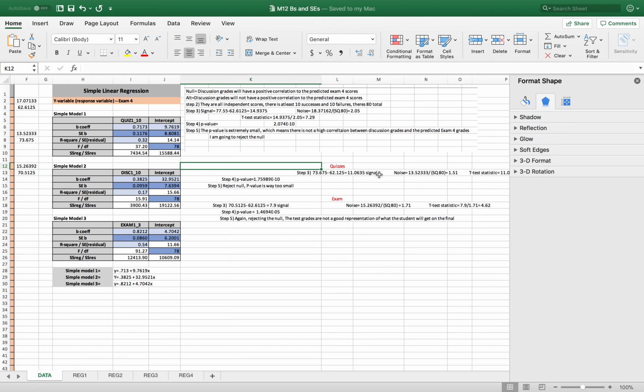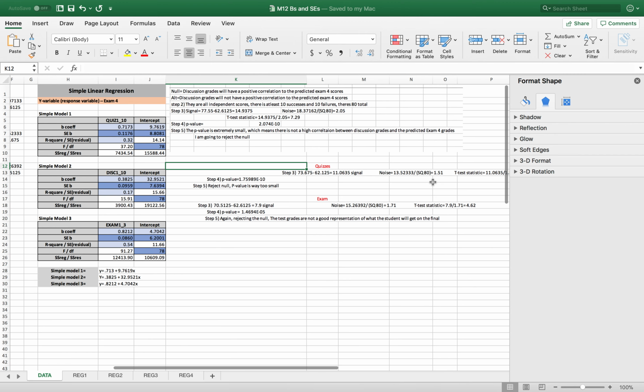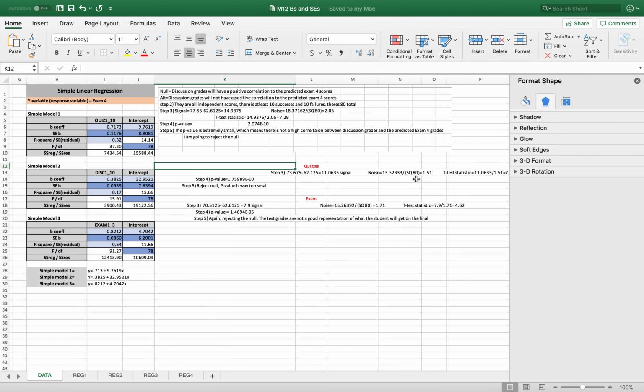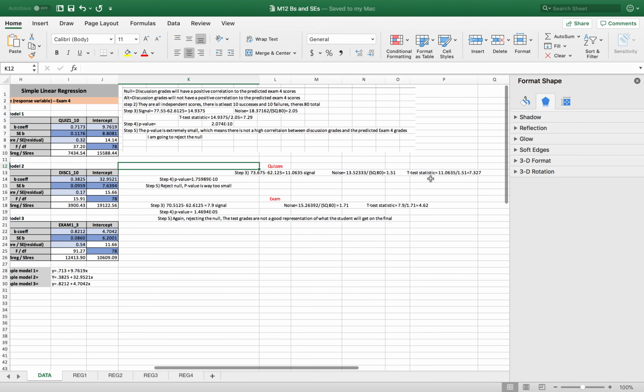I'm taking the quiz score and subtracting it by the exam. So this is my noise, which is the standard deviation divided by the square root of n, and my t-test statistic, which is signal divided by the noise, and I got this.